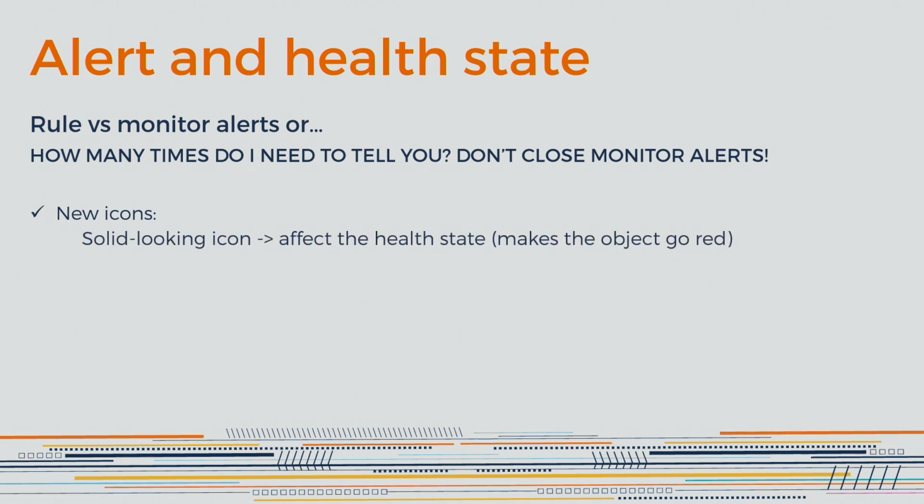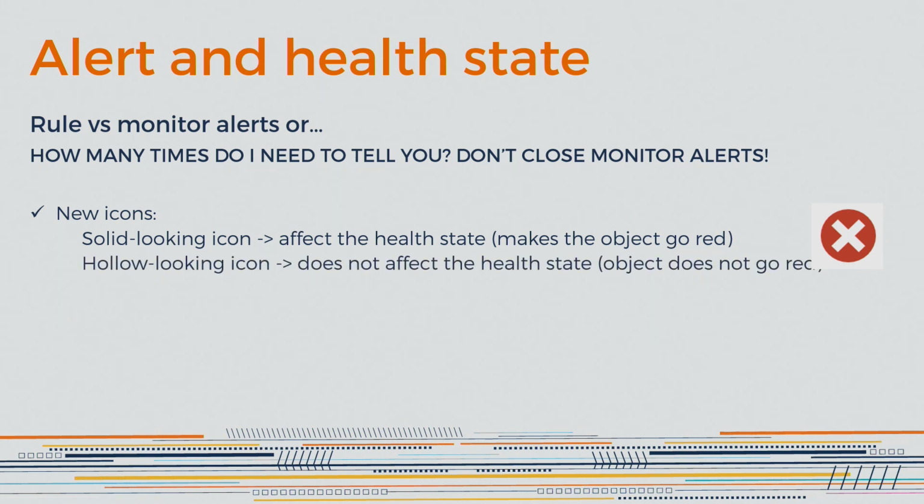We have a solid looking icon a bit like this, those alerts affect the health state. That's why they're solid. Just like the square you get with the status tile, if you see a solid icon alert, it's affecting the health state of the object and making that object go red. If you see a hollow looking icon a bit like this, that does not affect the health state. The object does not go red.